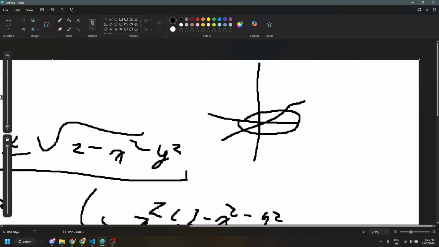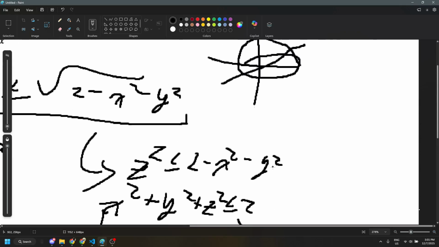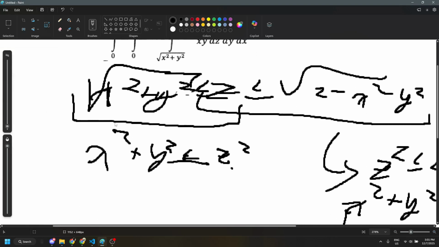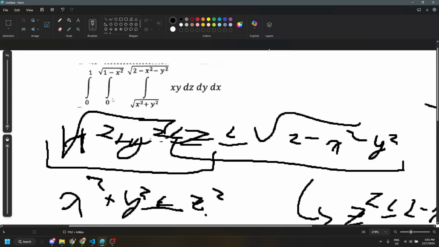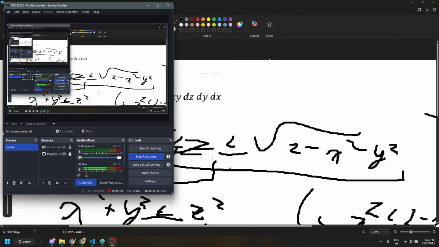It'd be below that sphere, where this is 0, 0, root 2. Okay, so that works. But we don't know what the bottom is yet, I guess. Is this right? Sorry guys, let me continue.